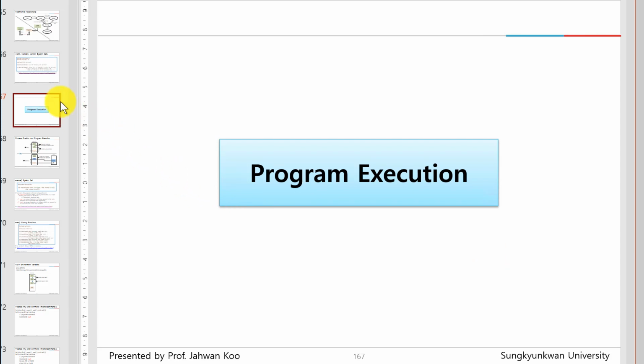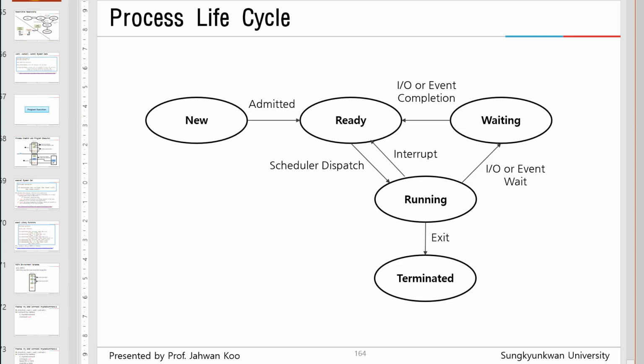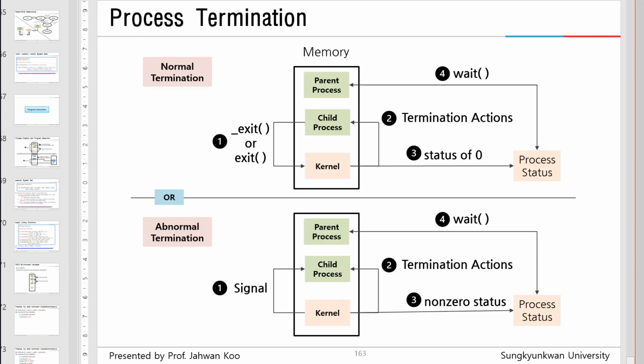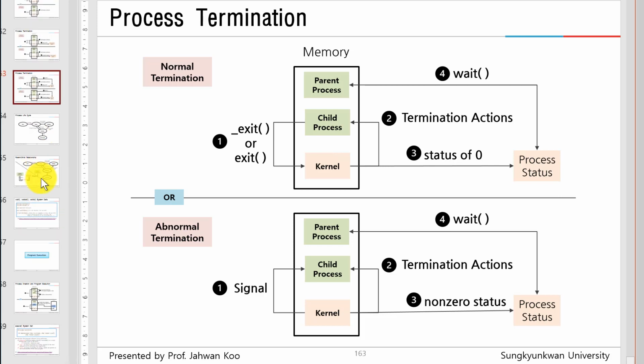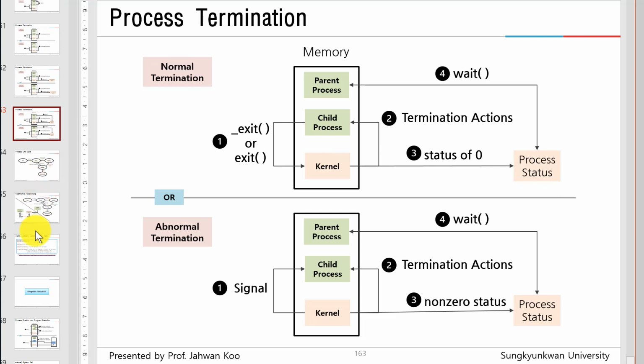A process is created by its parent process, and it runs its job using various system resources such as CPU resource and memory space, and it is terminated normally or abnormally by several events including hardware exception, software exception, and user interrupt.